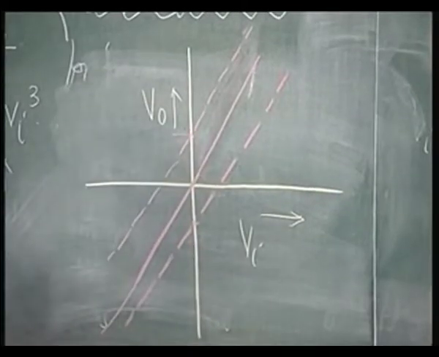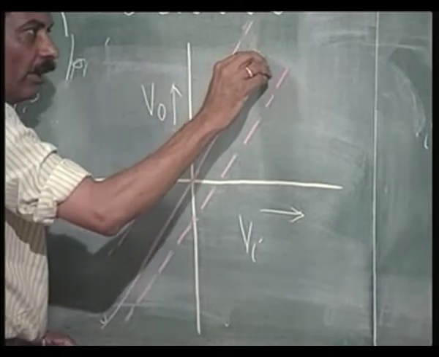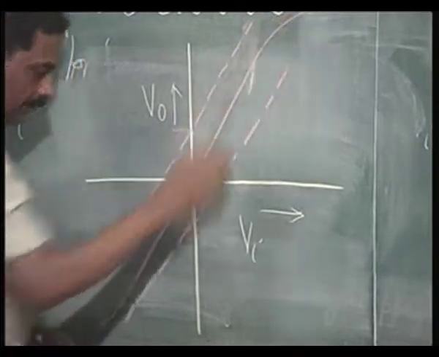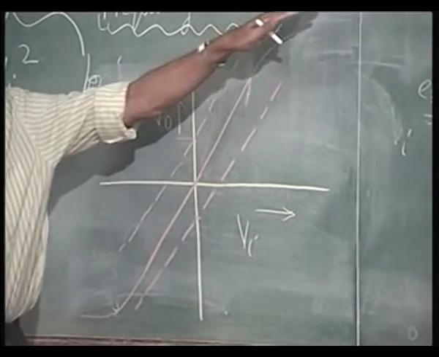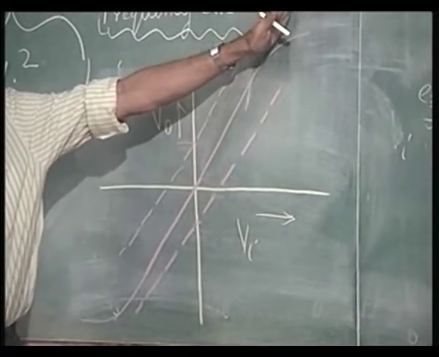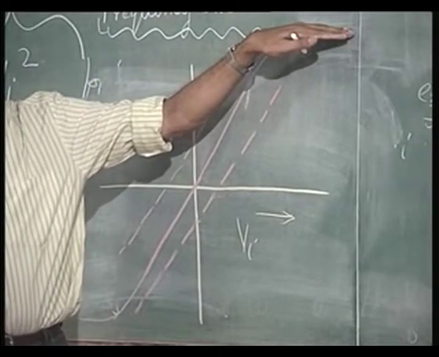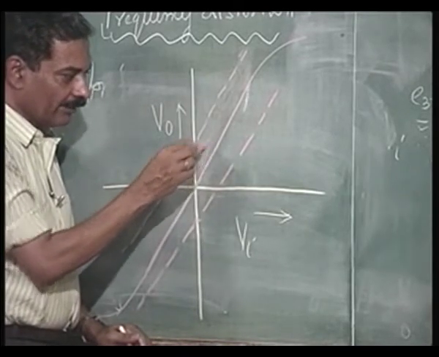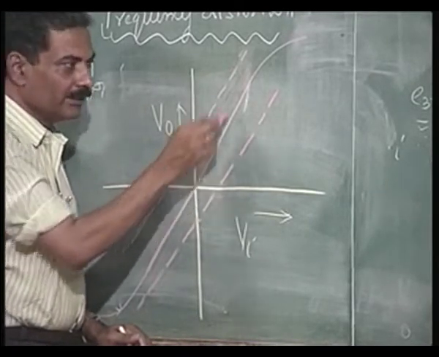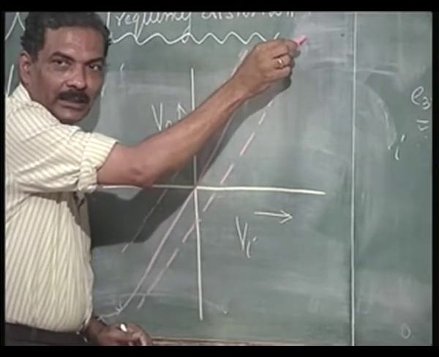So, if it does not pass through the origin, then we are said to have an offset voltage. Now, that is clear, what is offset voltage. There could be non-linearity, that means it is not going on being linear, it is going to a non-linear region. The slope, delta V naught by delta Vi, here is the same as the slope here, but here the slope is less.